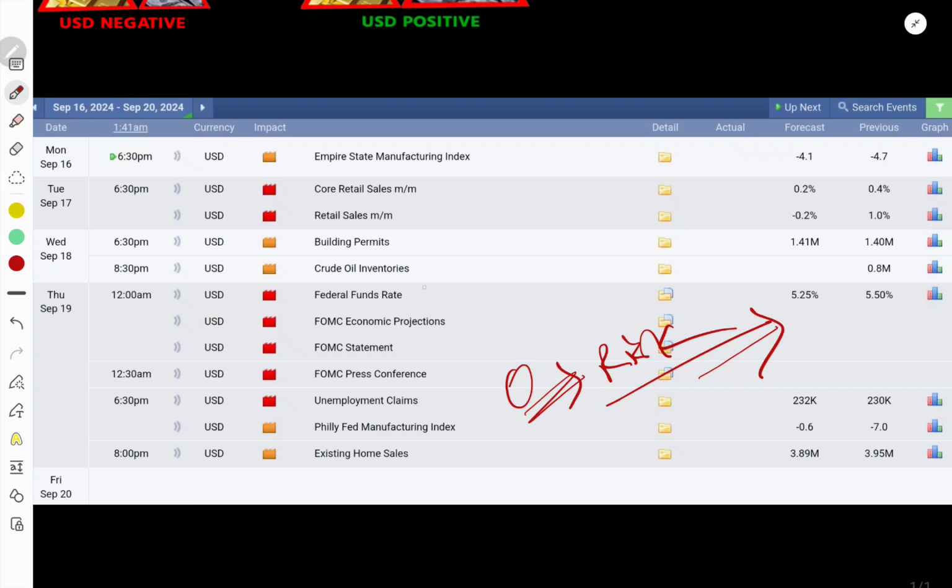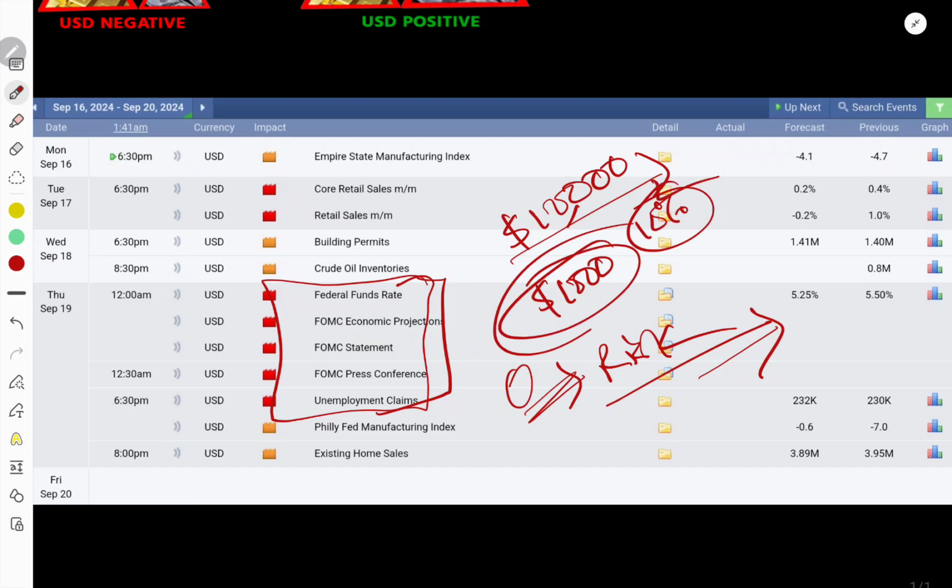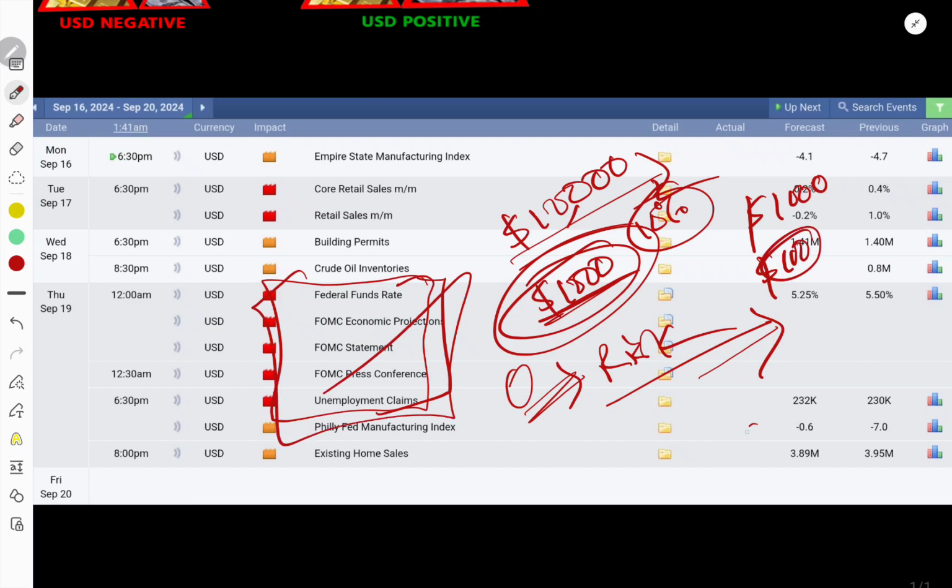That's why I told you here in the efficiency session, suppose you have 10,000 bucks, you can make a separate account of 1,000 bucks. That is 10% of your total asset. If you want to take risks, you can start with 1,000 bucks, or if you have a total of 1,000 bucks, you can start trading with a 100 bucks account in this session, and you may take 0.01 lot size.